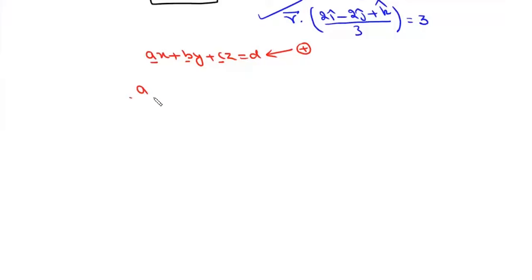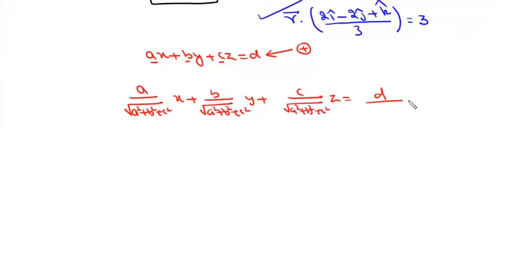So we can write a upon root of a square plus b square plus c square x plus b upon the same root y plus c upon the same root z equals d upon root of a square plus b square plus c square.